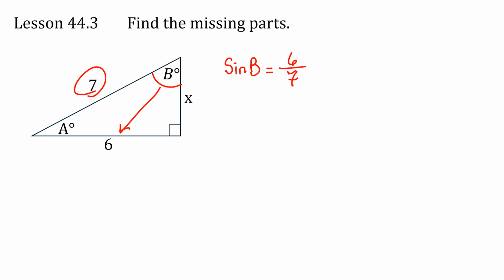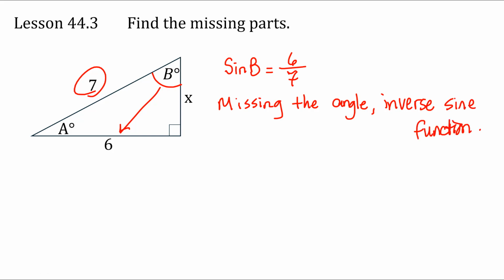Now, we're missing the angle this time. So we have to use the inverse trig function. When you're missing the angle, you're going to use inverse sine. Since sine B is 6/7, what we're actually doing is taking the inverse sine of 6/7, and that will give us B.